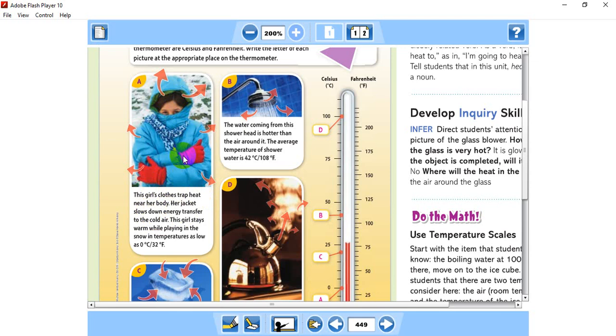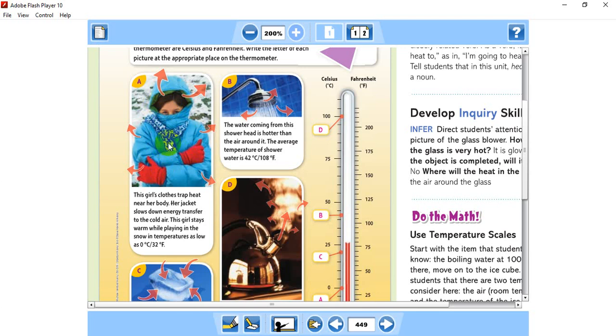In cold places like the polar ecosystems, your body's energy will start to transfer to the outside of your body if you don't wear thick clothes. So thick clothes will help you keep the energy inside your body.